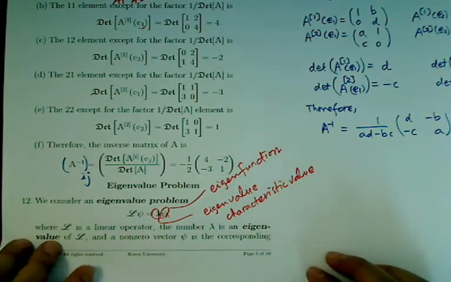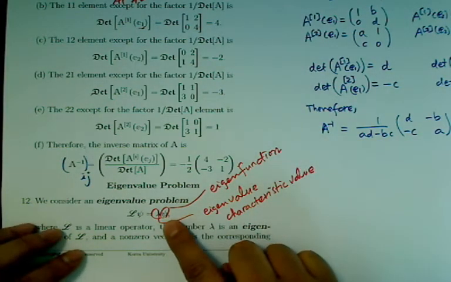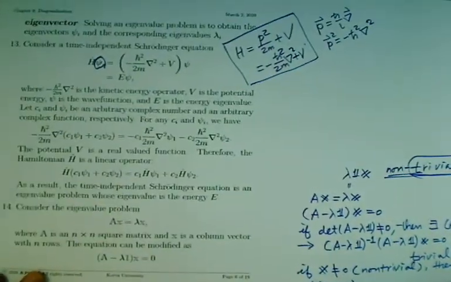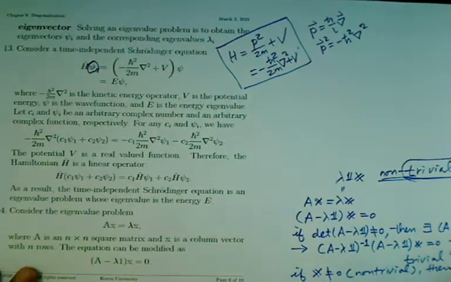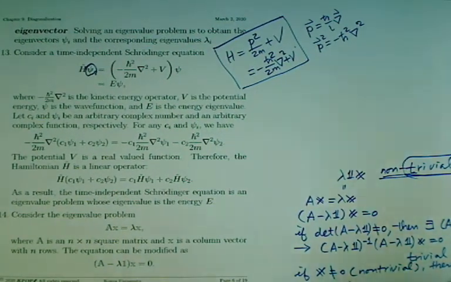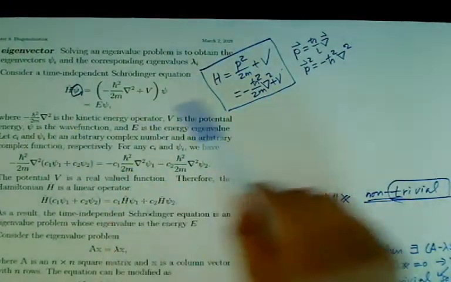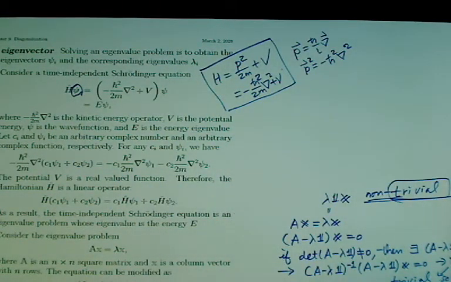Okay. We call this the eigenfunction and this the eigenvalue. And if the operator is Hermitian, we shall find that the eigenvalues are all real. For example, the Schrödinger equation is a kind of eigenvalue equation.